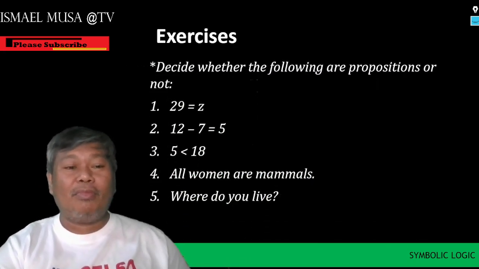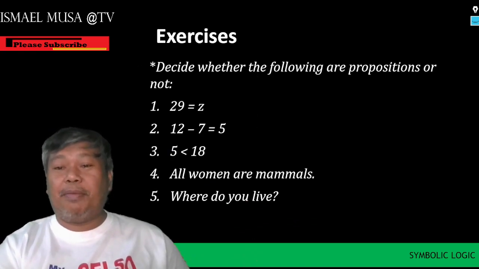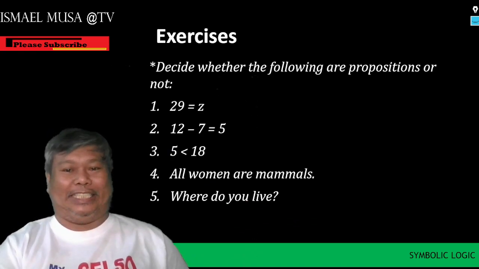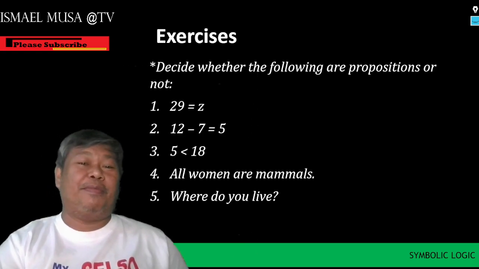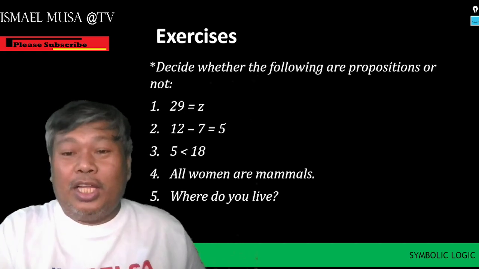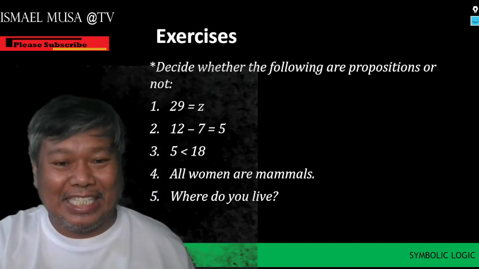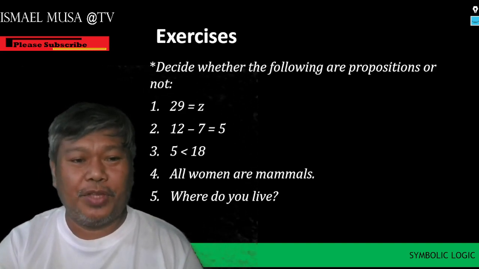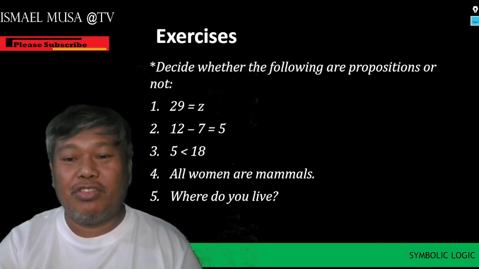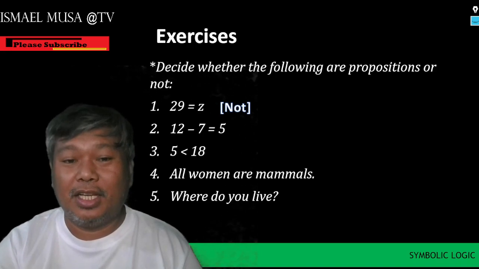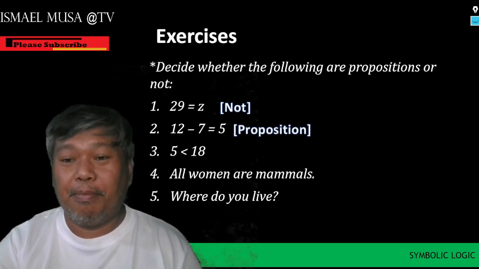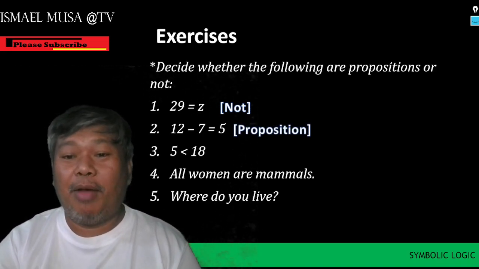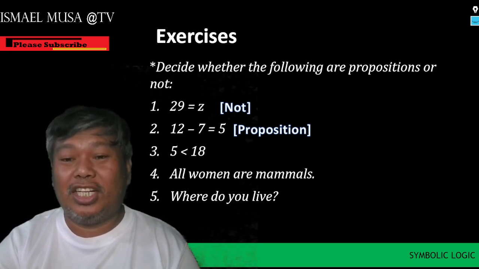Now, decide whether the following are propositions or not. Anyone? Let's have the first one: 29 is equal to z. Of course, that's not a proposition. 12 minus 7 equals 5. Of course, it's a proposition. Very good. How about 18 is greater than 5?